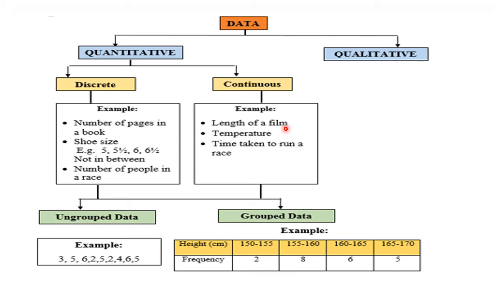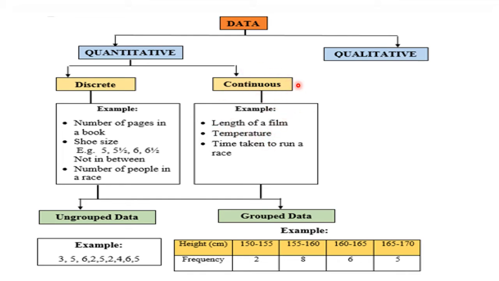That's continuous, and also temperature. For example, the temperature on the surface of the Earth can be 0 degrees, minus 20, 20 degrees, and even 40 degrees, and in between it can be 0.1, 0.2, and 0.3. So temperature we also consider continuous.